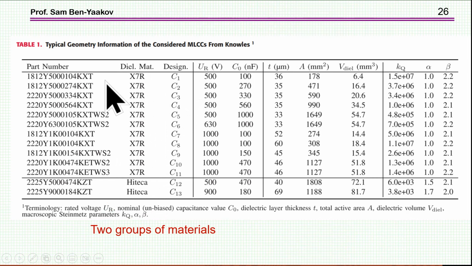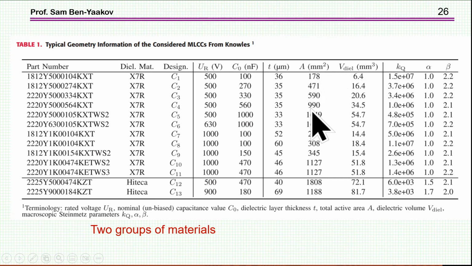And for this particular capacitor, we got these values: the breakdown voltage and the capacitance, the thickness between the electrodes, the area of the electrodes, and the volume enclosed within each section, which is very important. We'll talk about it in a minute.